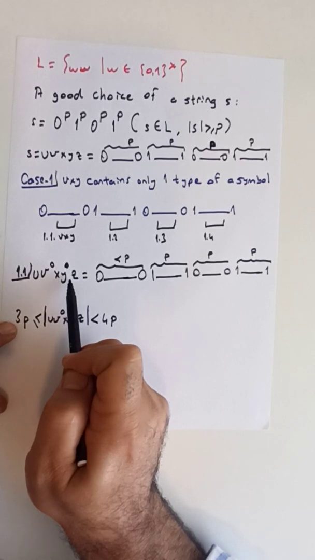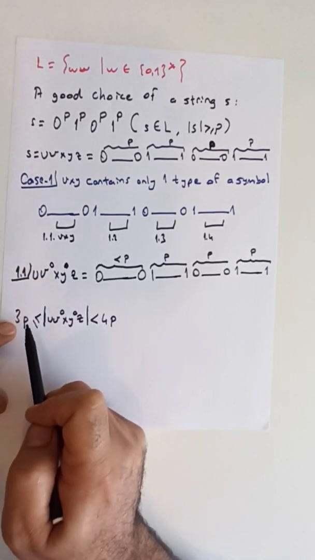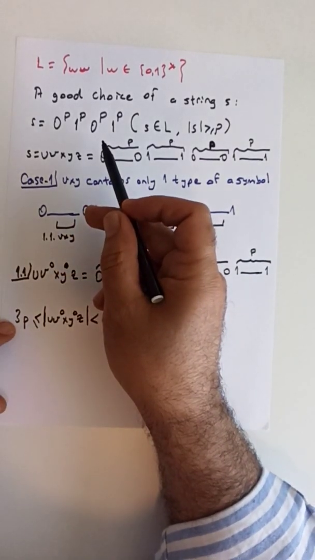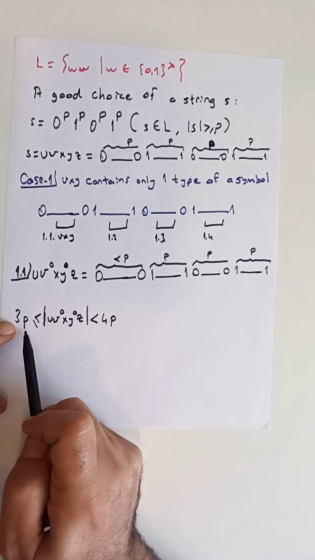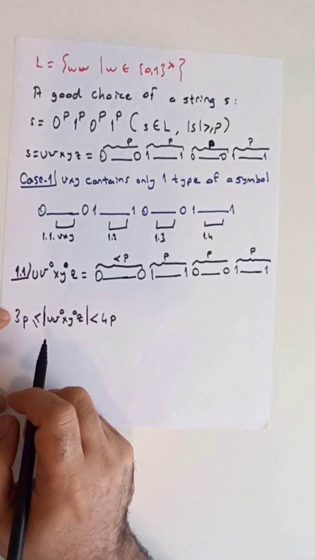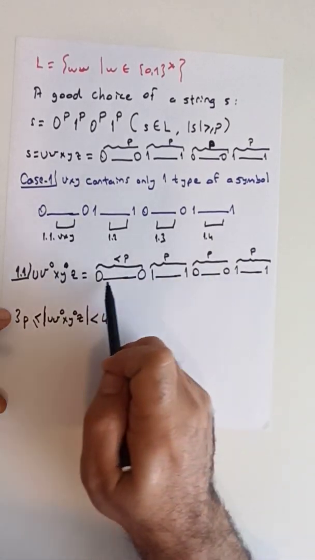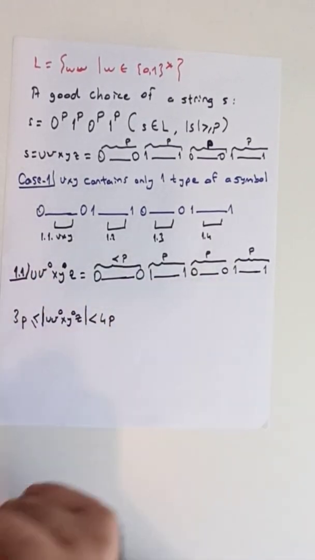This means that from the original string, we will be removing at most p many symbols. If that's the case, then we will be decreasing the length of the original string by p at the most. Therefore, the length of the new string will be at least 3p. Now, according to this, let's try to visualize where the middle of this string is.